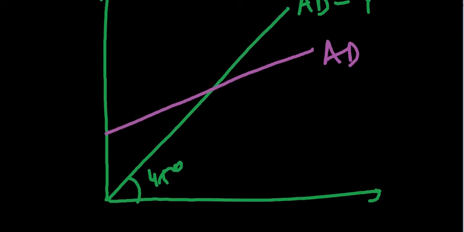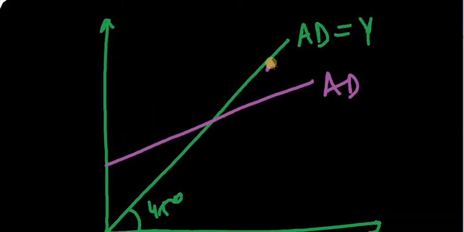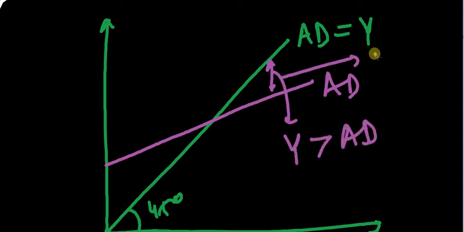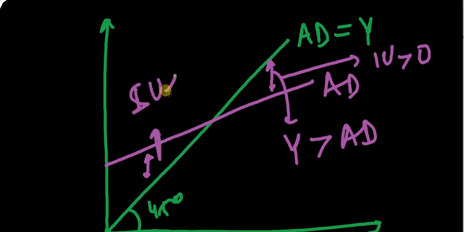In all this region, my output produced is greater than the demand, so I have IU greater than 0. Similarly, in this region, I have output produced being less than the demand, so IU is less than 0.